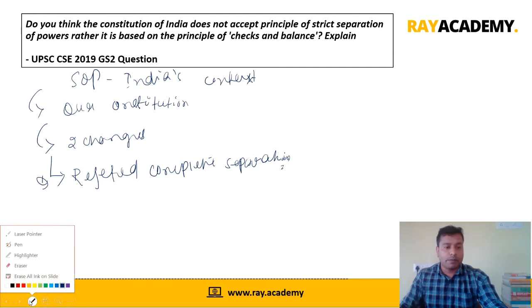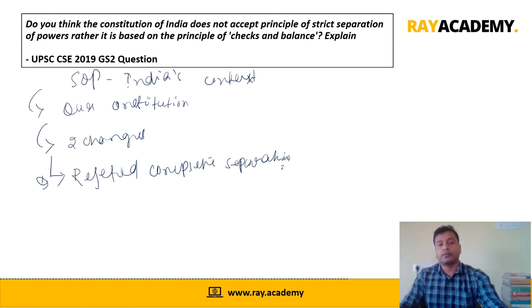Already I have explained how the three wings of the government, legislature, executive, and judiciary, can help each other.